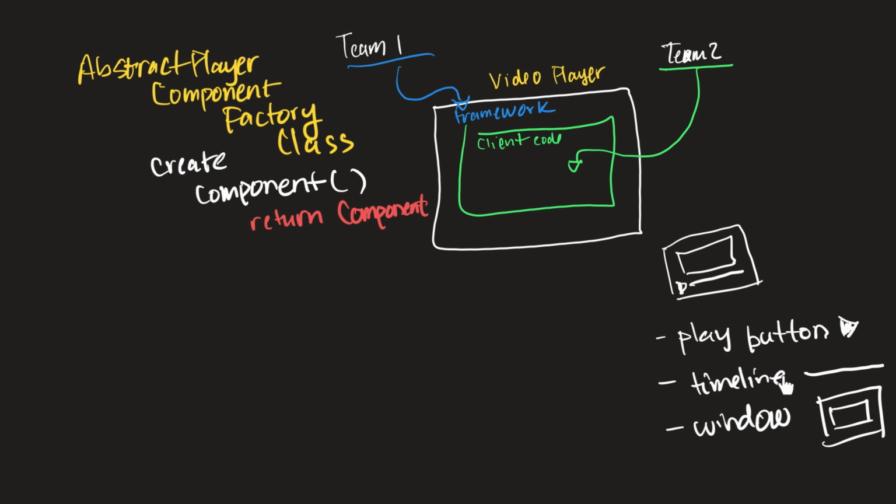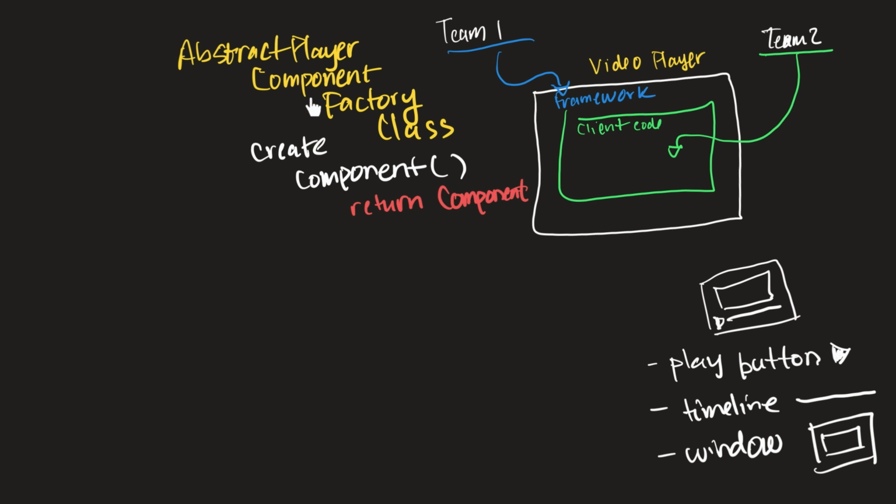And this method should return type component. Now, all of these components, the play button component, the timeline component, and the window component, their classes are all going to be derived from this component class. So component's also going to be an abstract class. It won't be a factory, it'll just be an abstract class component. Remember, this is still team 1. Team 1's going to create this interface that the client code's going to use, but we're not at the client code part yet.